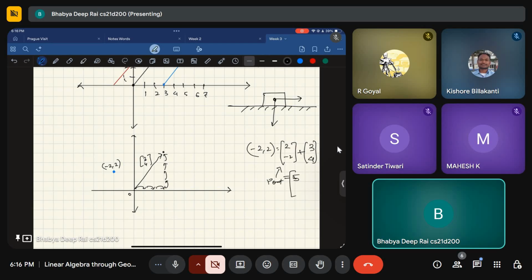If this is 1 and 6 is 1, 2, 3, 4, 5, 6, where do we get it? We'll get it here. So you can see that what has happened is I have moved 3 steps to the right and 4 steps above when I applied the vector.